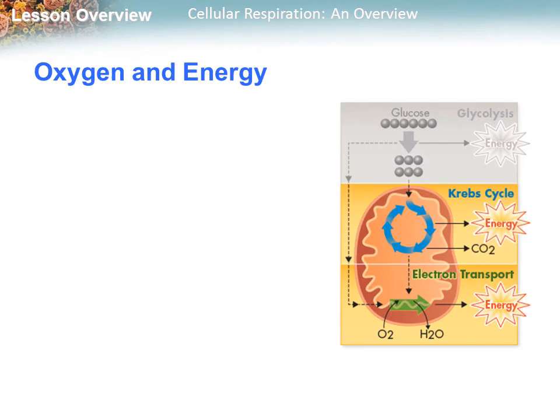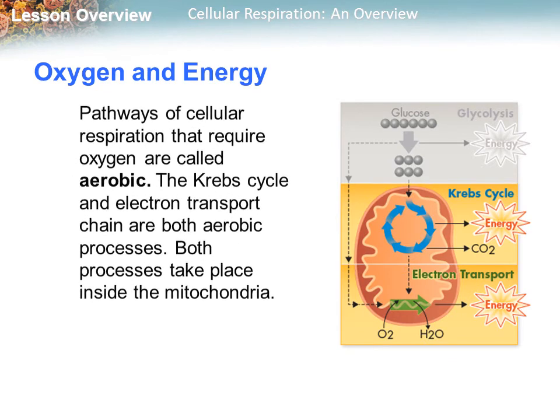Now let's see the relationship between oxygen and energy. Generally, pathways of cellular respiration that require oxygen are called aerobic. The Krebs cycle and electron transport chain are both aerobic processes. Both processes take place inside the mitochondria.